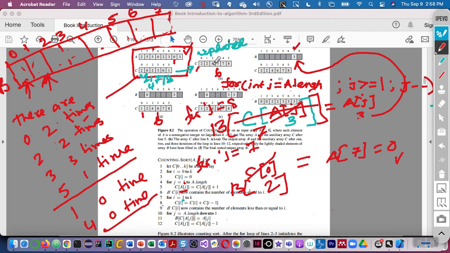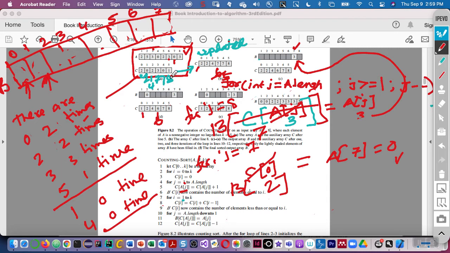And for this 3 we will go to C3 equal to 6. This 3 will be at B6. Then 6 will be 5.